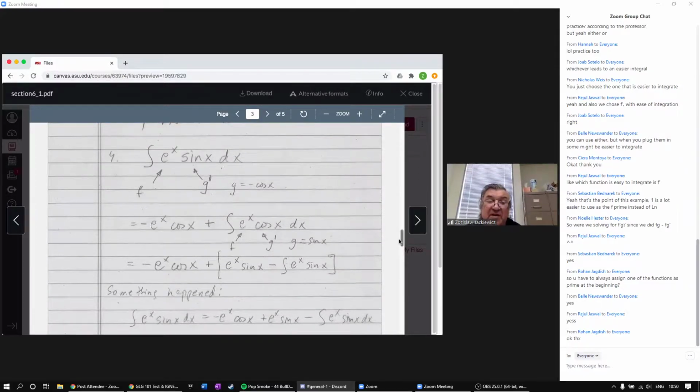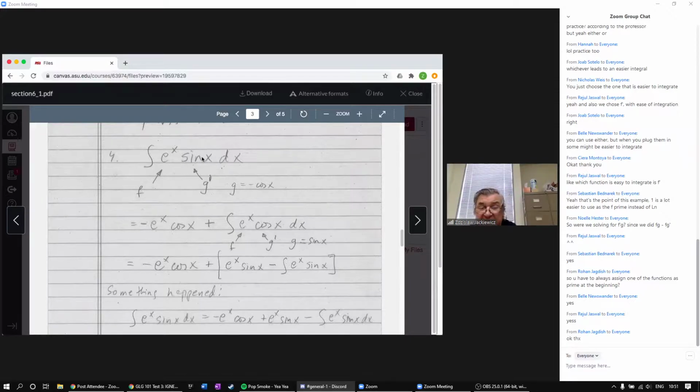So we would like to integrate e to the power x sine x dx. Usually this is kind of a strange example. So let's call e to the power x the function f, and sine x g prime.